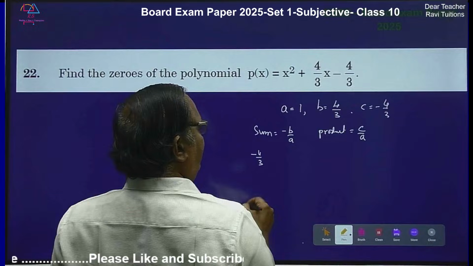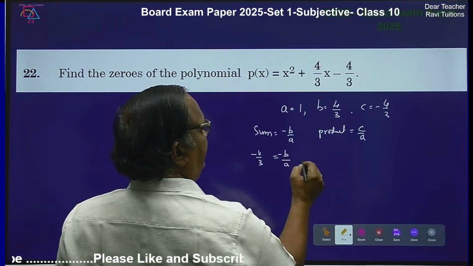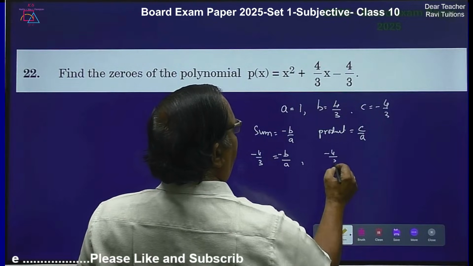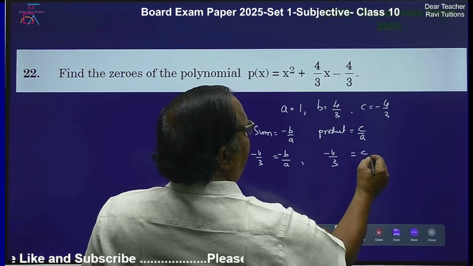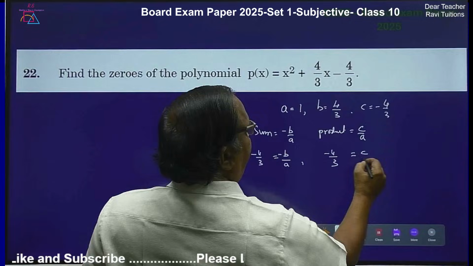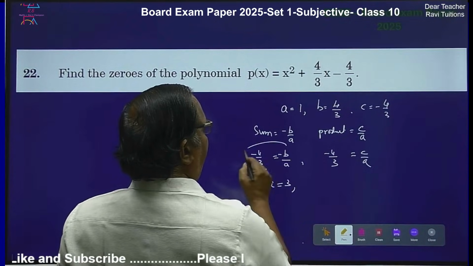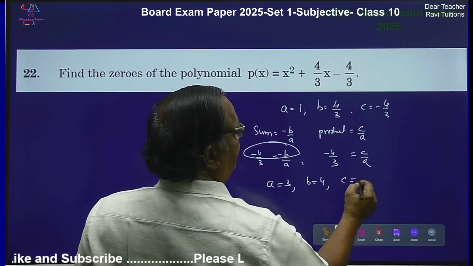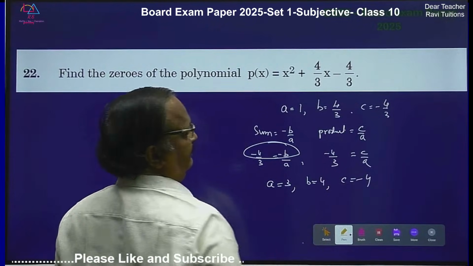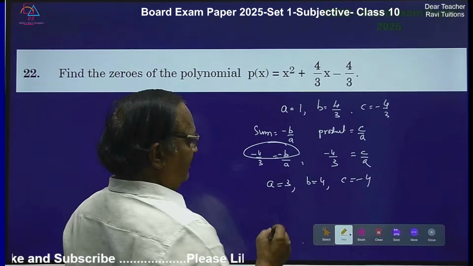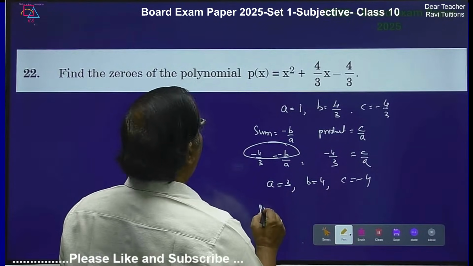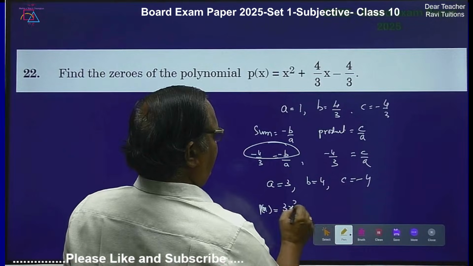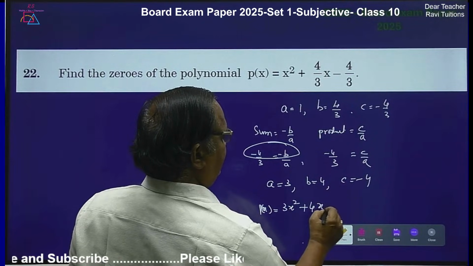This is minus b by a. C by a is minus 4 by 3. So a is equal to 3, b is equal to 4 and c is equal to minus 4. Therefore, the polynomial p(x) is 3x square plus 4x minus 4.